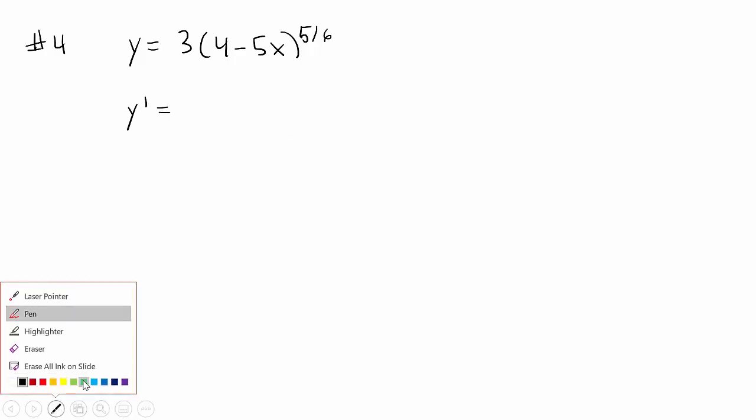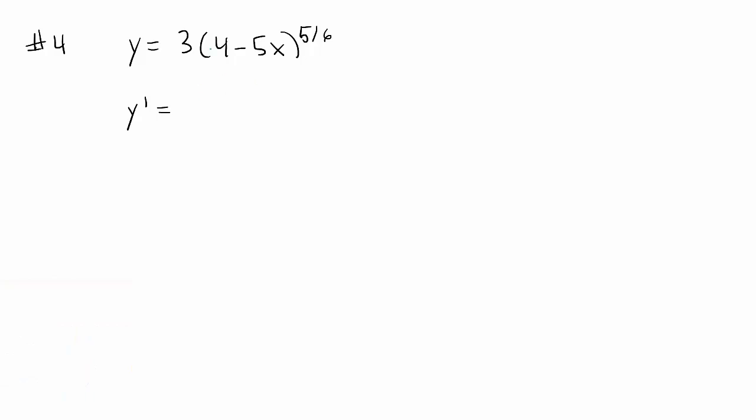All right, now we'll try number 4. So here we have y = 3(4-5x)^(5/6). All right, so I'm going to go ahead and find the derivative. Now for this, you have to use the chain rule, because you have a composition function.